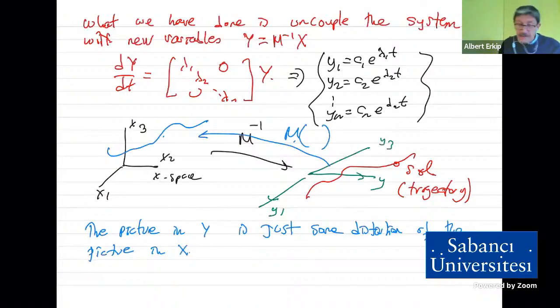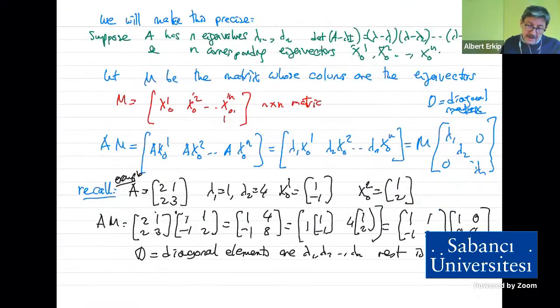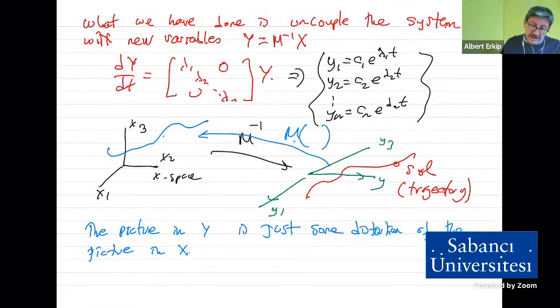Let's go back to our example. What was our example? Remember, the example that we did here. A was 2, 2, 1, 3.